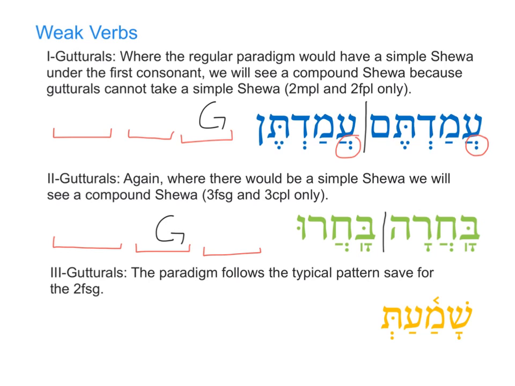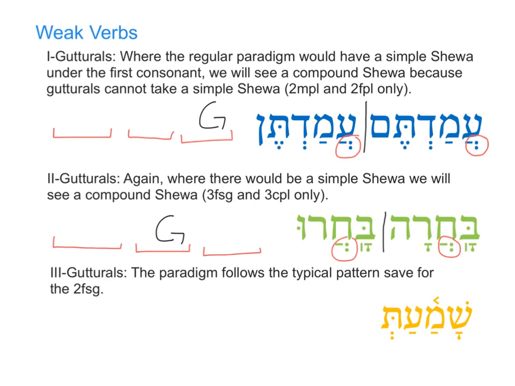So what we're talking about is that compound shiva under the het. The form in our strong pattern for the 3rd feminine singular was pakeda, where we had that vocal shiva in this position right here. Because we have a het, it becomes bahara with a compound shiva.